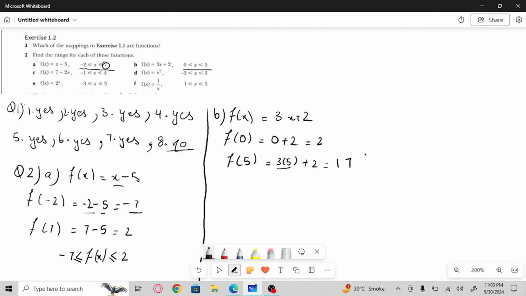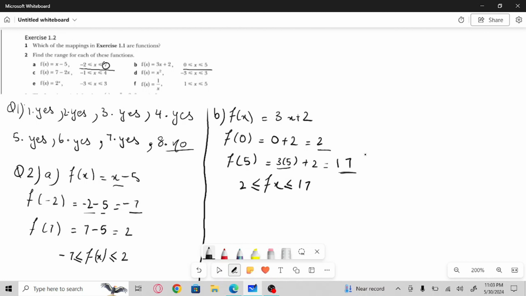So again, we see which one of these is the lower value. And 2 is the lower value and 17 is the higher value. So we say f(x) is greater than or equal to 2, but it is less than or equal to 17.